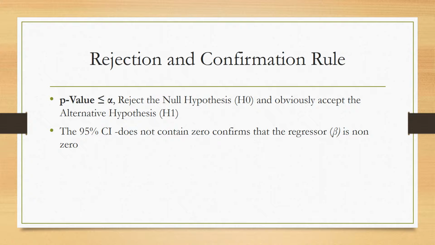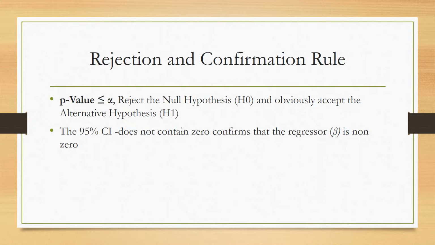The rejection and confirmation rule for the hypothesis testing will be as usual, where we'll be finding the p-value. If p-value is less than or equal to alpha, the level of significance, as a standard we'll be taking 0.05, then we'll reject the null hypothesis and accept the alternative hypothesis.